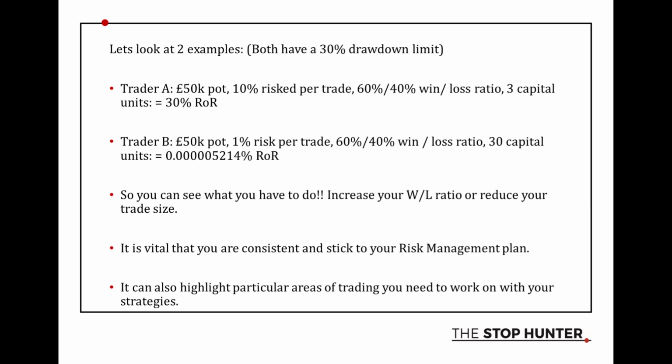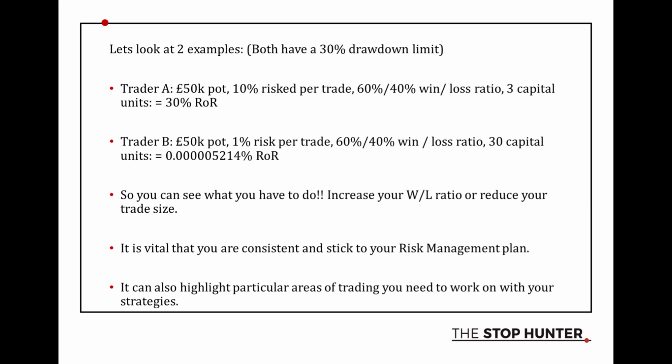Now look at trader B and the slight subtle difference. Now he is only risking 1% per trade. Now the variables, the inputs are all the same, but look at his chances of risk of ruin, 0.000005214 of 1%. That is so small. The chances of failure just by moving from 10 to 1%, the odds of you keeping that money in your bank account, massively higher by just that subtle risk management trade rule.